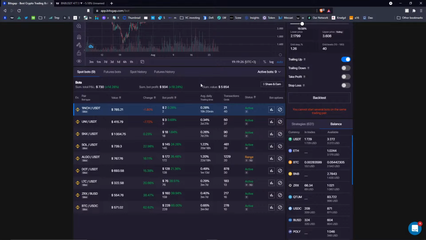I think I saw some comments on the YouTube saying that, okay, your bot made me 20%. Okay, so your bot made you 20%. But if you would have hold this coin instead, you would have more money. Which is true, but the logic here is that you only make money when you realize the return, when you close the trade, when you sell it, right?